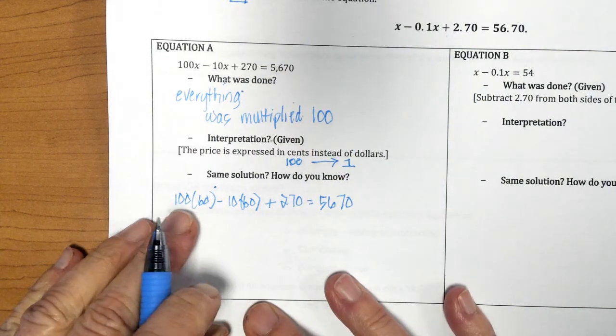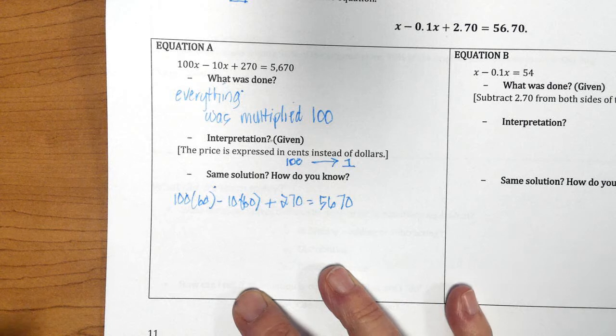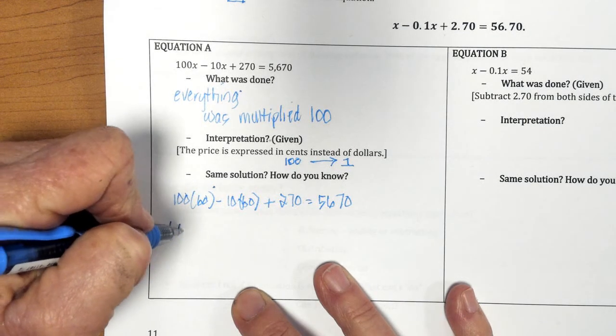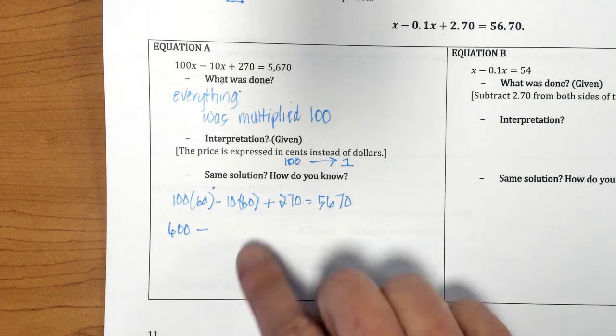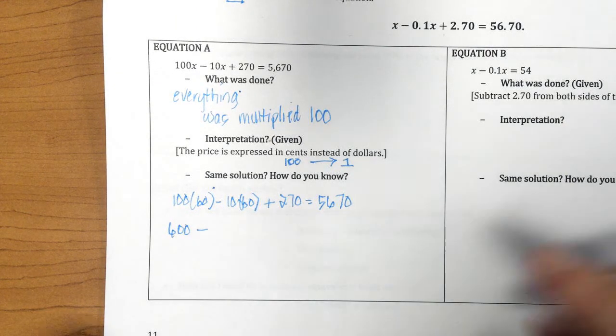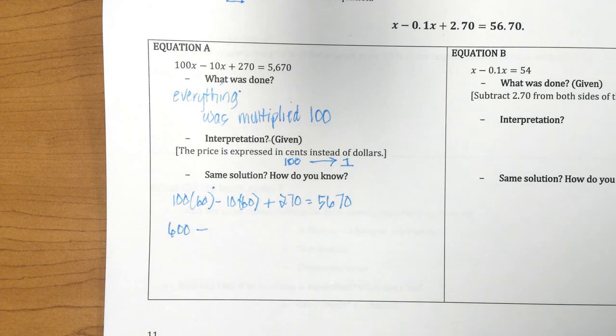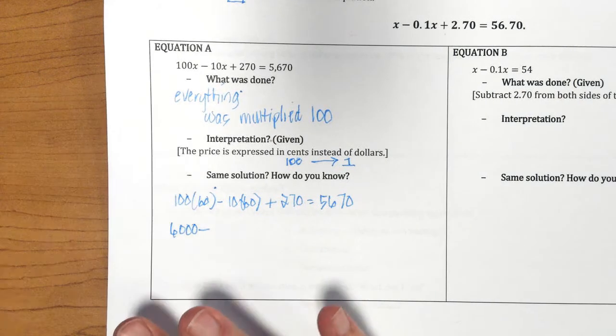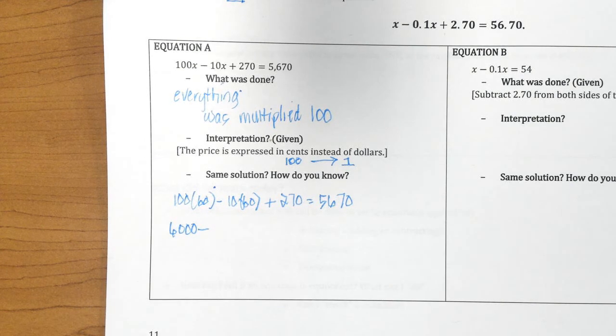Well, 100 times 60 is 600... I corrected myself here.